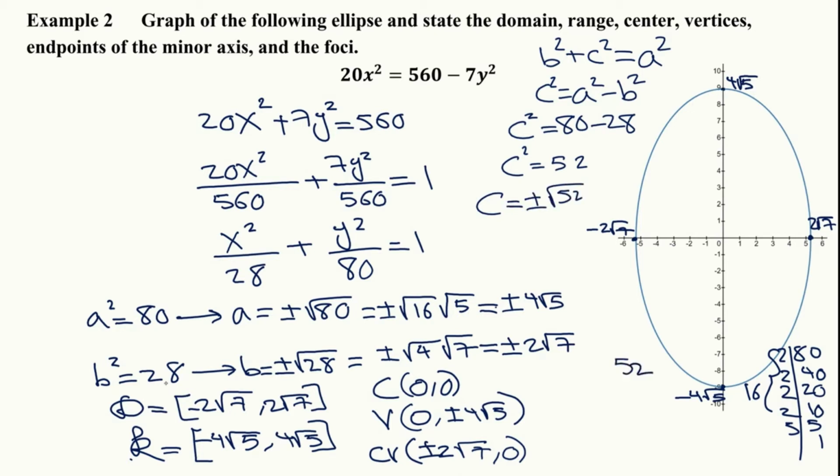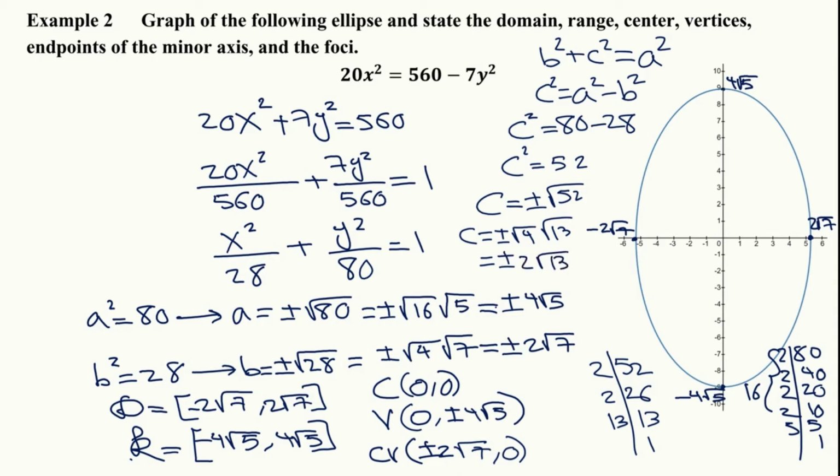Let's break down 52. 2 goes into it 26 times, 2 goes into 26 13 times, and 13 goes into 13 one time. We see one perfect square, which is 4. So we can write it as plus or minus square root of 4 times the square root of 13. So we end up with plus or minus 2 radical 13.